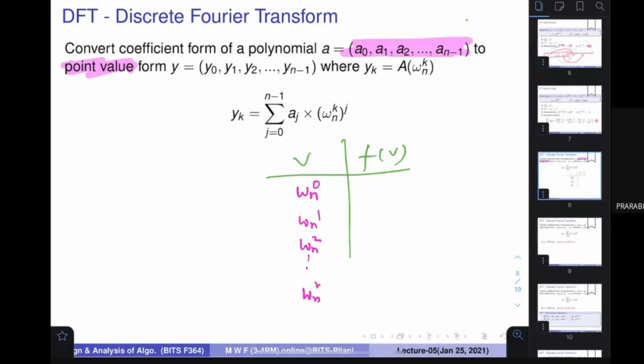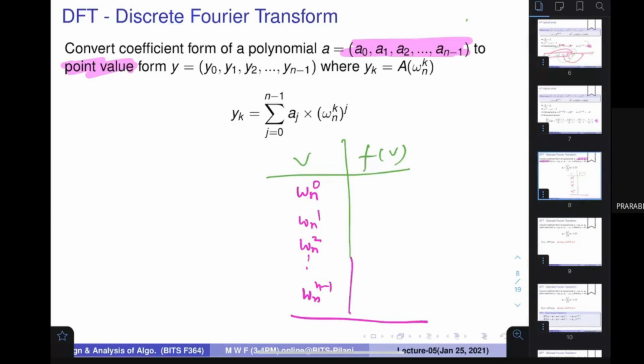Earlier I was using arbitrary values, but now I am saying these values are omega n to the power 0, omega n to the power 1, and so on. Fine? Can anybody write yes?